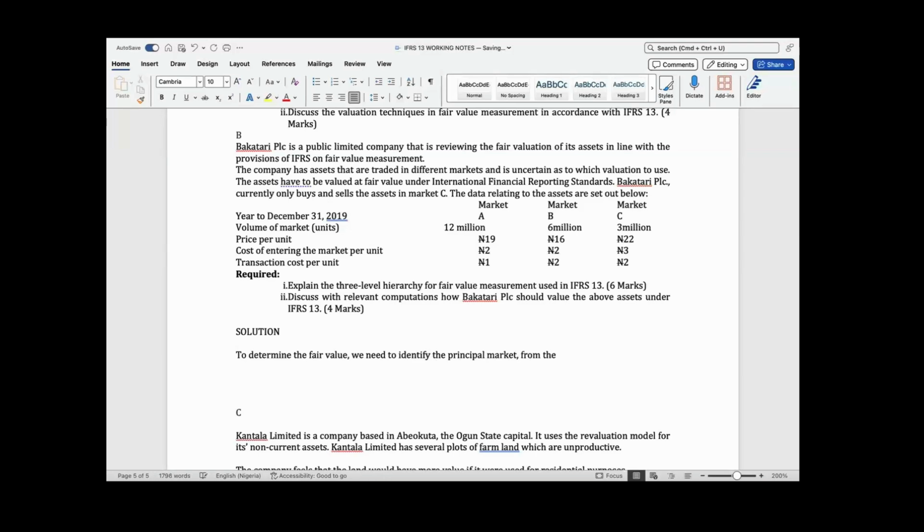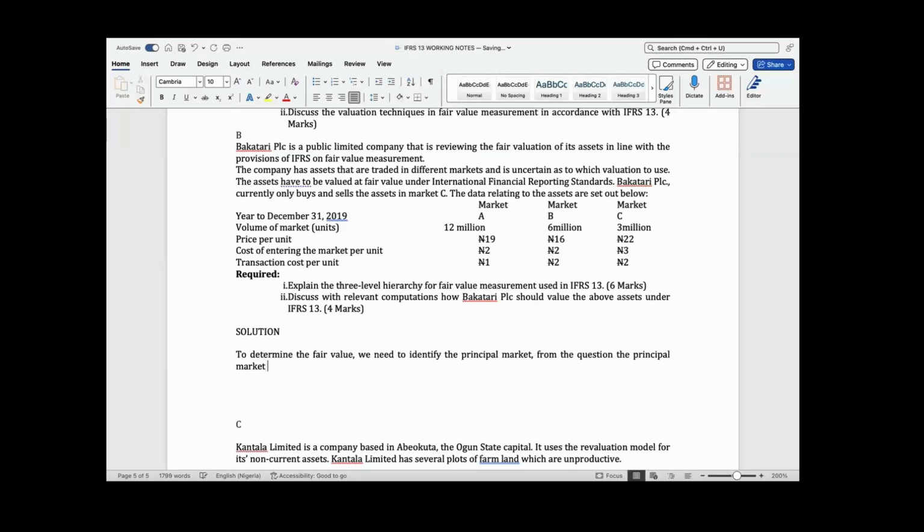From the question, the principal market is market A because it has the highest level of activity.